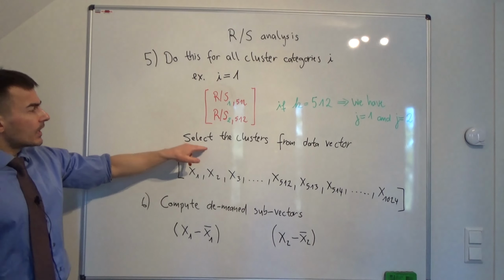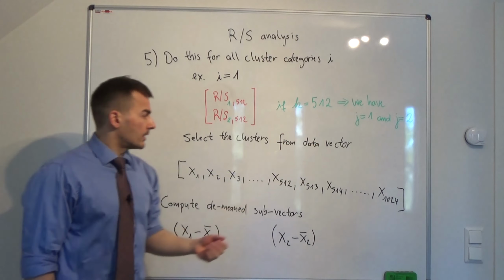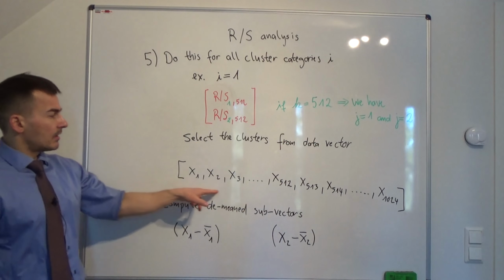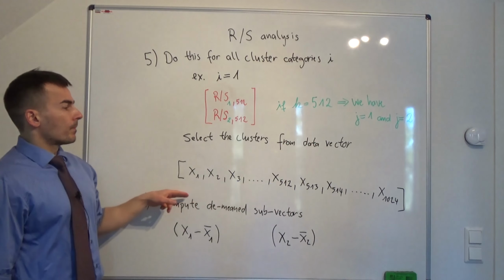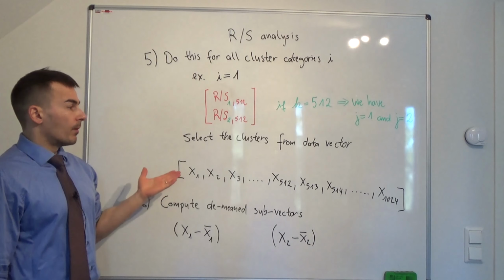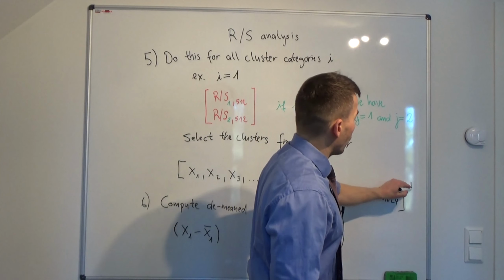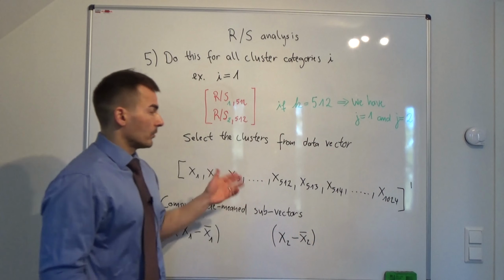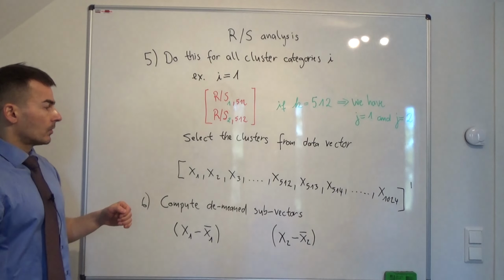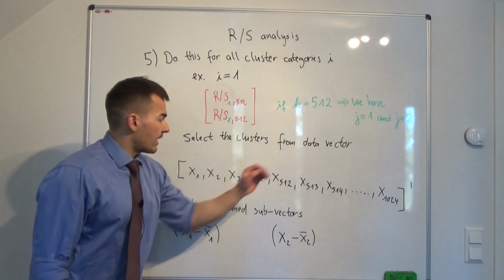So we have to select the clusters from the corresponding data vector. And we have here a very general data vector that has the dimension 1024 by 1. So what do we have to do with that vector here?